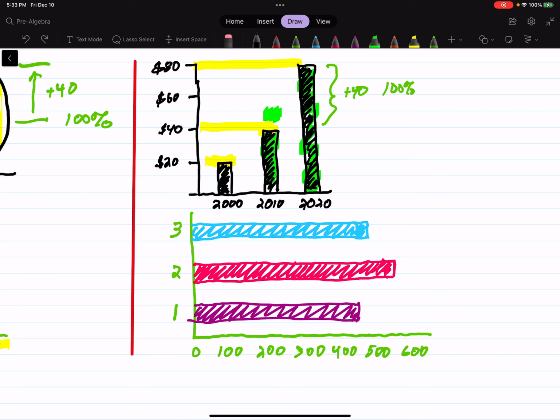So if they do here, you can see that we still have the bottom line coming in at 450. We still have the top line coming in at about 475, and we have the middle line, brand 2, coming in at about 550.